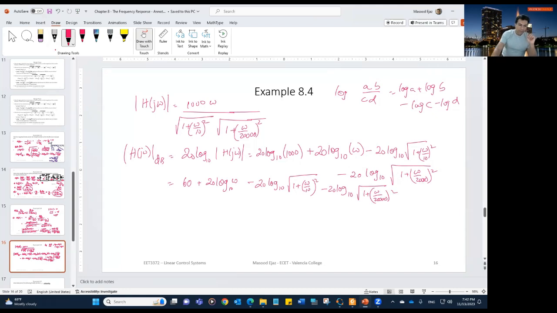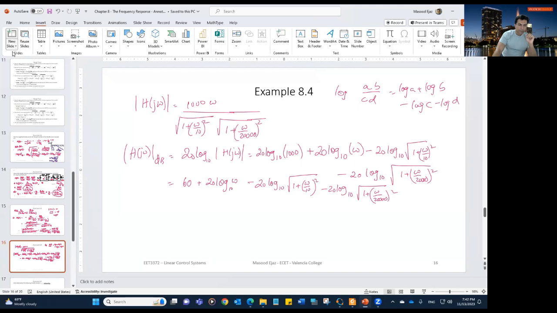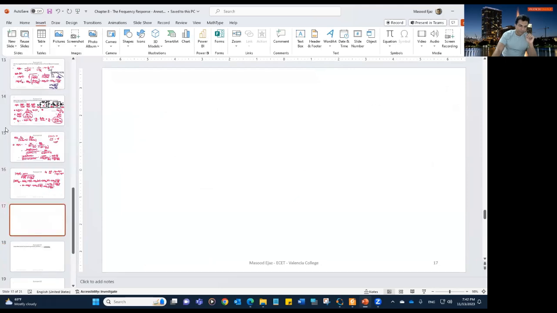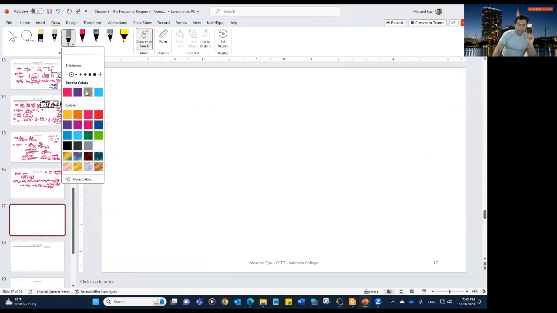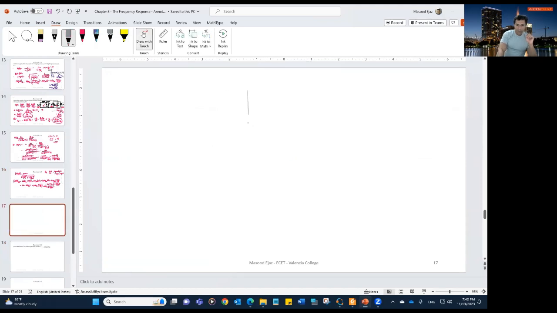So let's draw. Go ahead and insert on the slide. Now, let me put it on the right side actually.